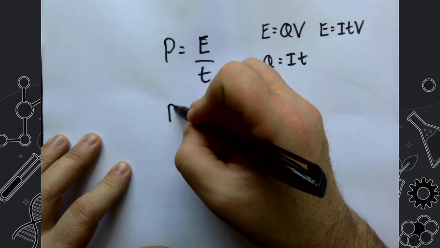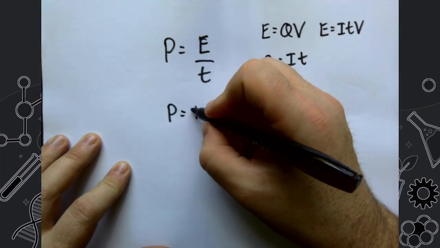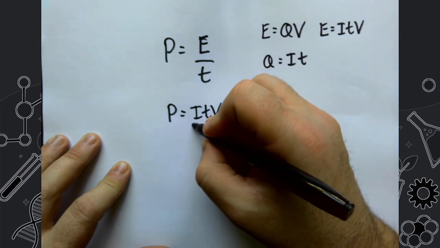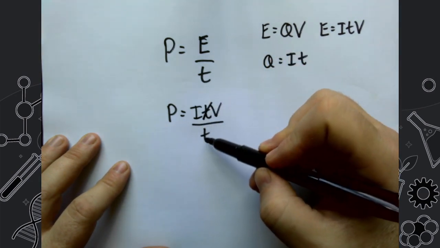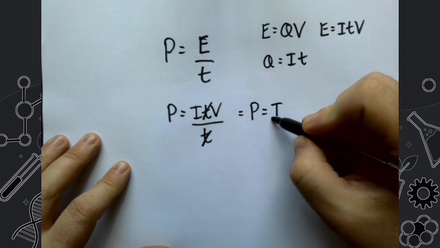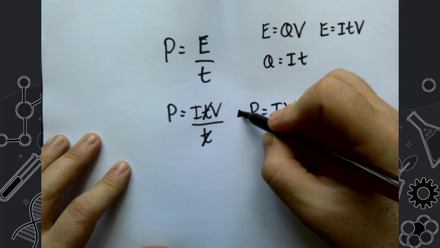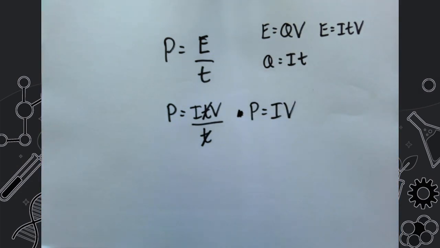So power is equal to, instead of E, we write ITV, all divided by T, and the T's cancel, and we're left with P is equal to IV. Sometimes it's written as VI, I don't know why. It's the same, it's just a product of current and voltage.